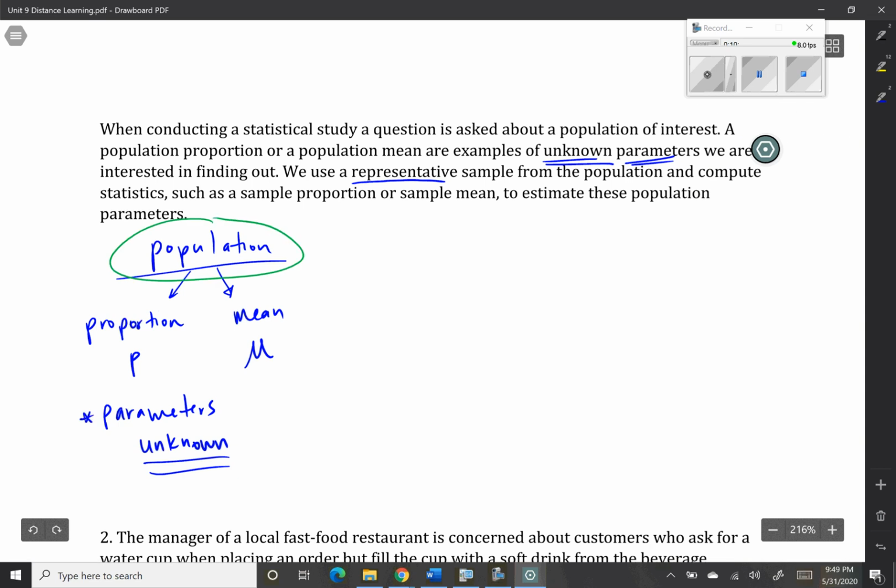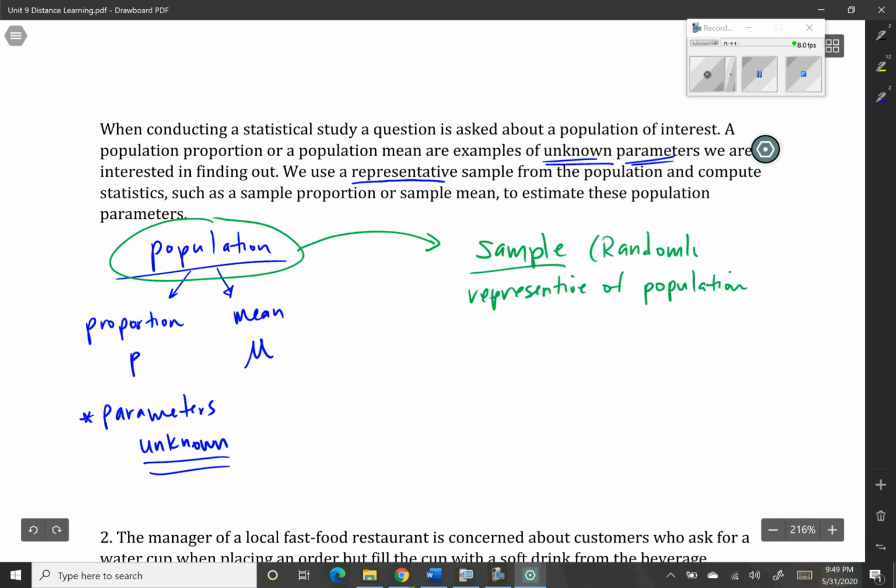So from this population, we can generate a sample. A sample is representative. I'll help to spell representative, right? Representative of the population. Also, we want to make sure that it is randomly selected.